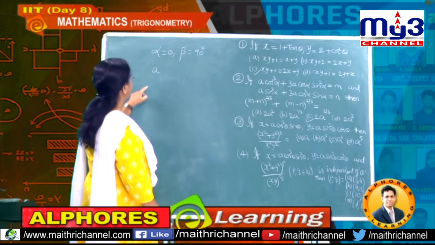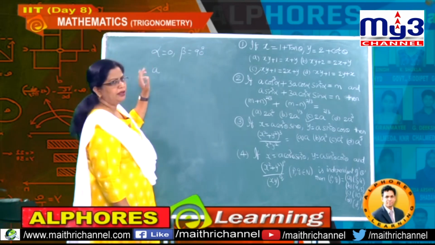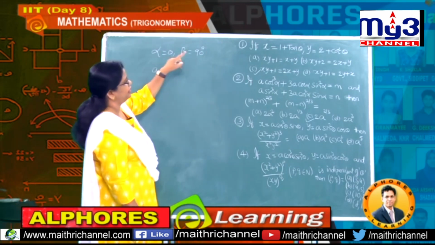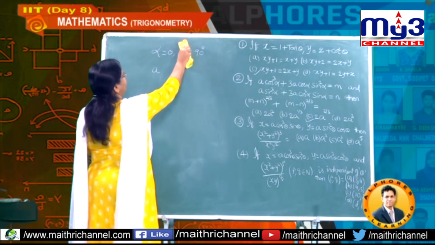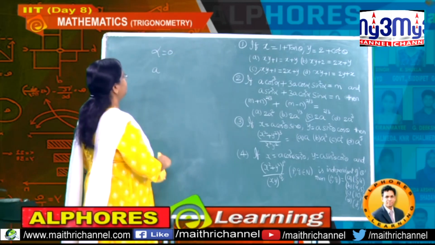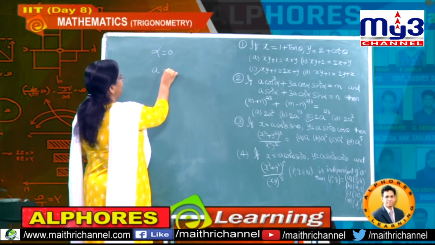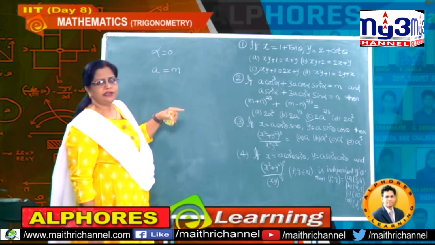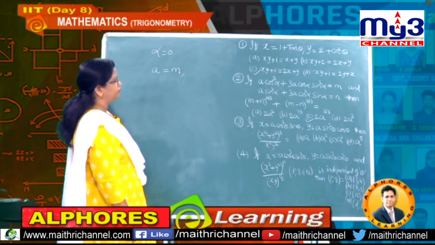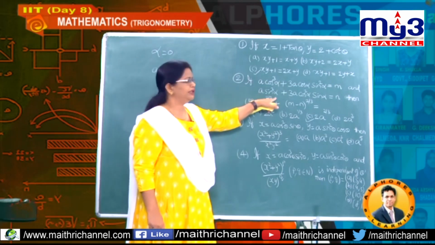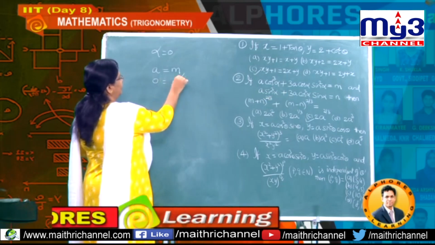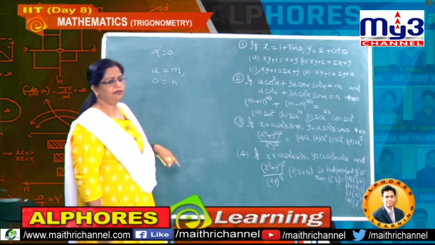Therefore you got here a cos 0 and the other value is cos 0 and sin, but here it is given with alpha only, so we are taking alpha as 0, no beta. So this value is a equal to m, because sin 0 is 0. And for the second equation, sin alpha is sin 0, which is 0, therefore 0 equals n. So m equals a, n equals 0.